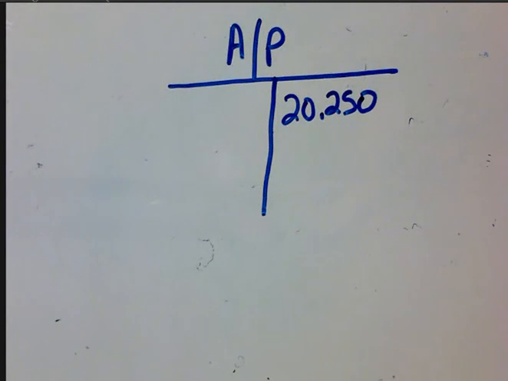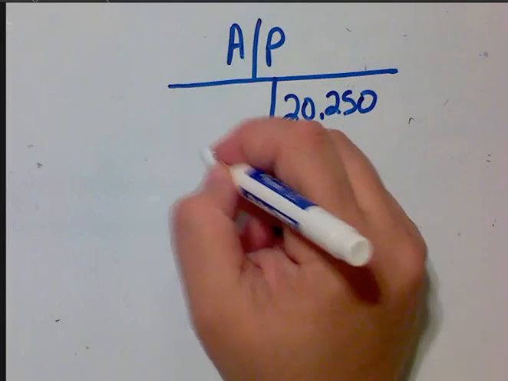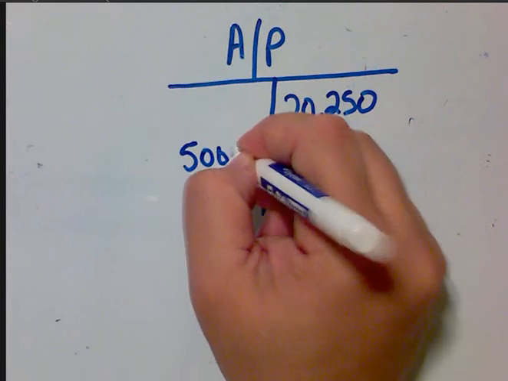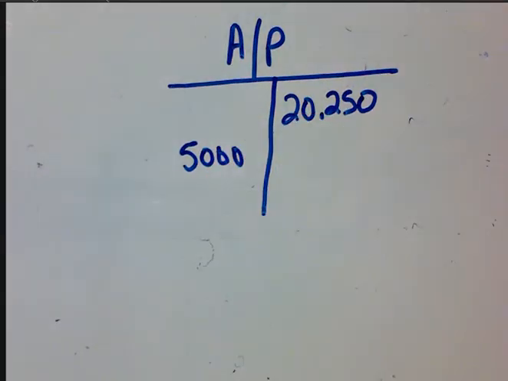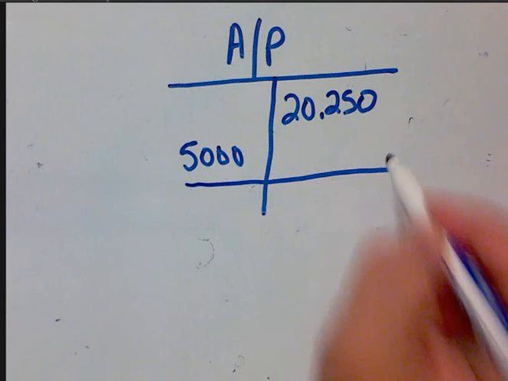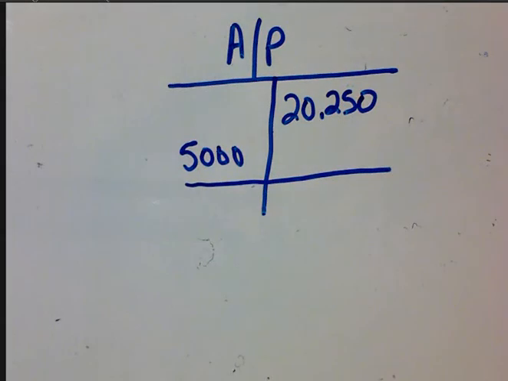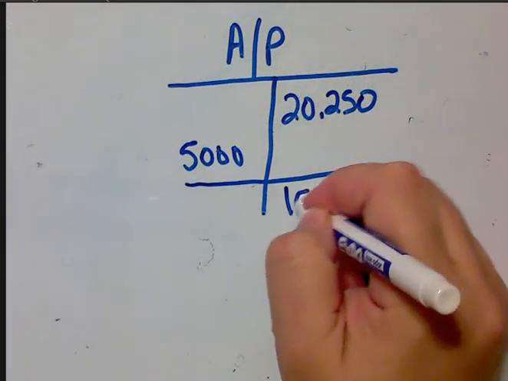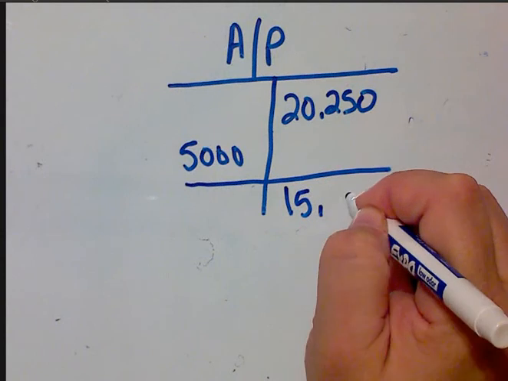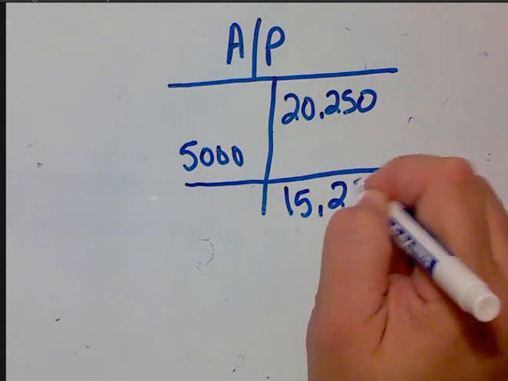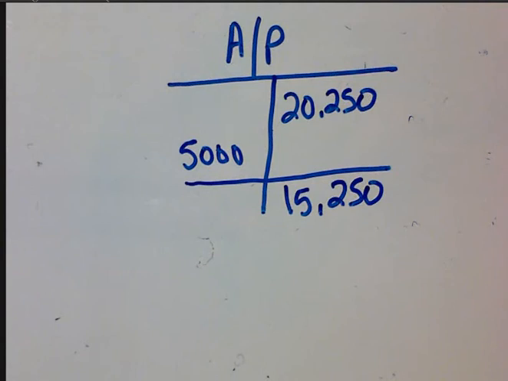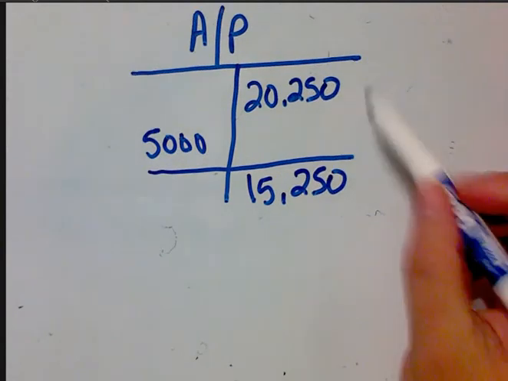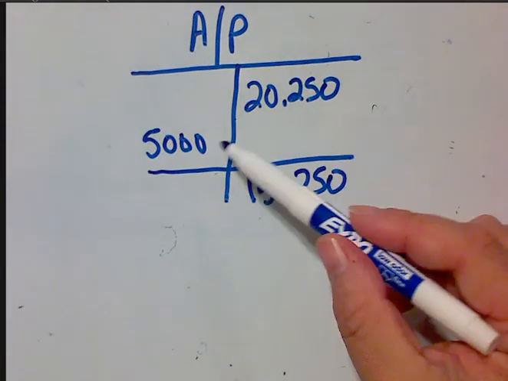We returned $5,000, so there was our debit to accounts payable. So before anything else happens, we're going to have a balance in accounts payable of $15,250. Okay, that's our initial purchase of inventory less our returns.